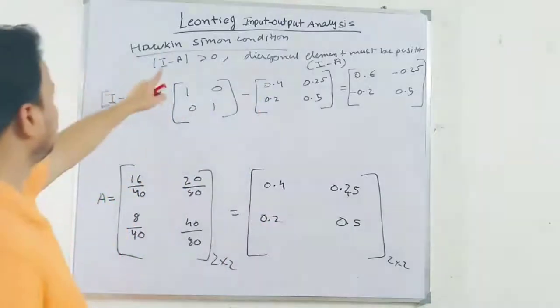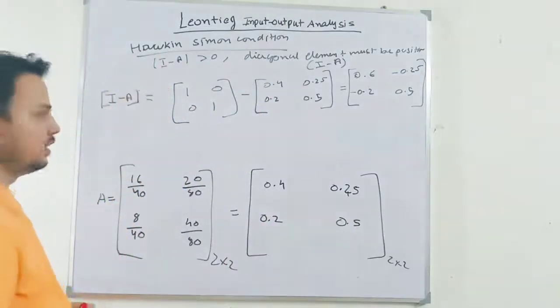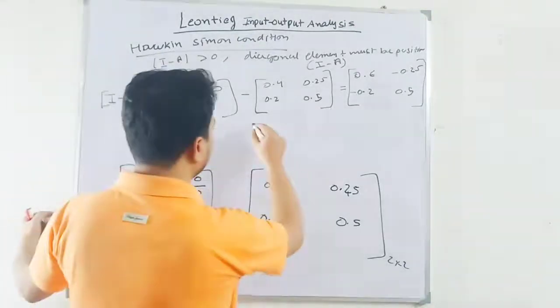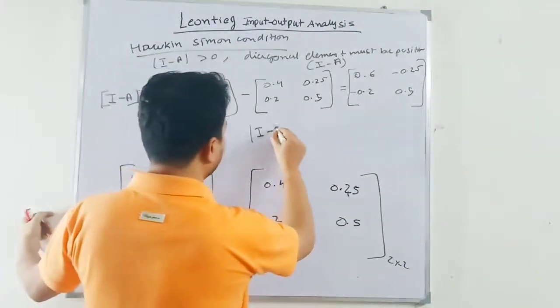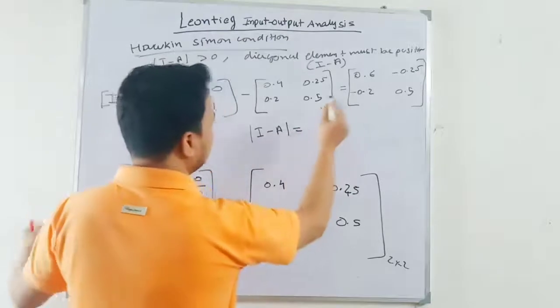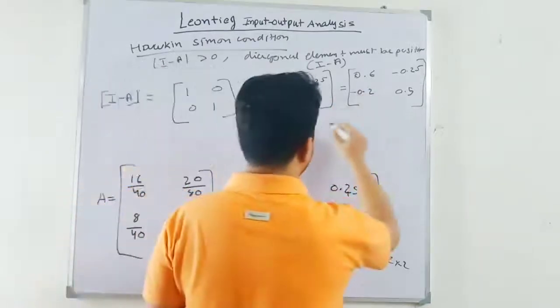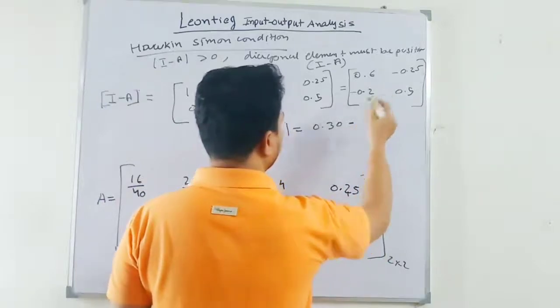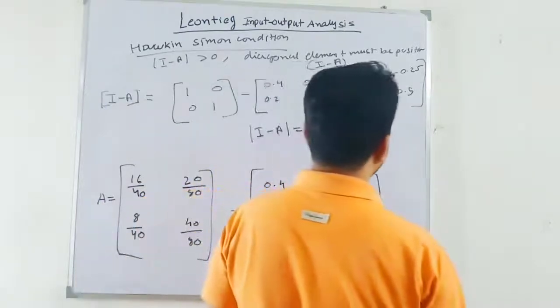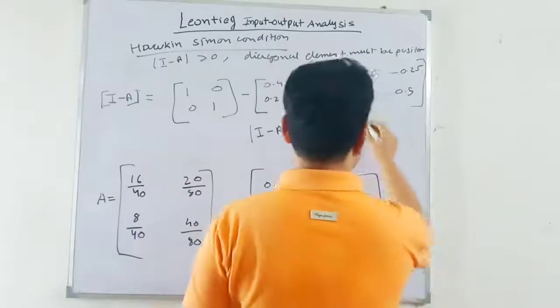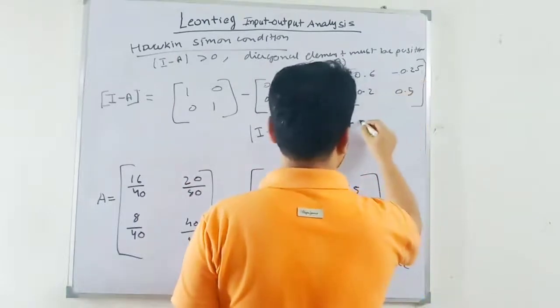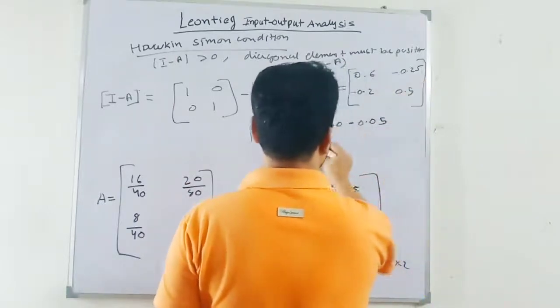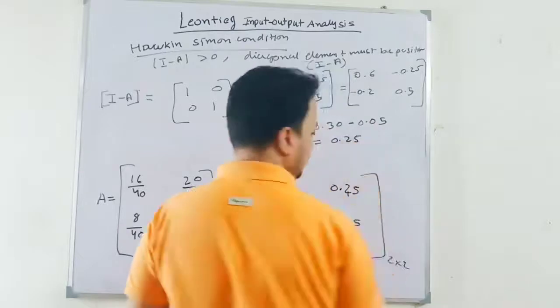Now I have to take the determinant of this one. So determinant of I minus A is 0.3 minus 0.2 into 0.25, which is 0.05, and you get 0.25.